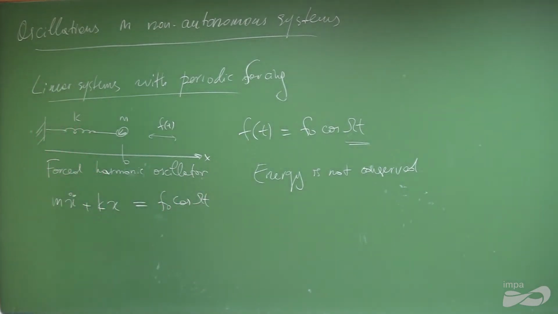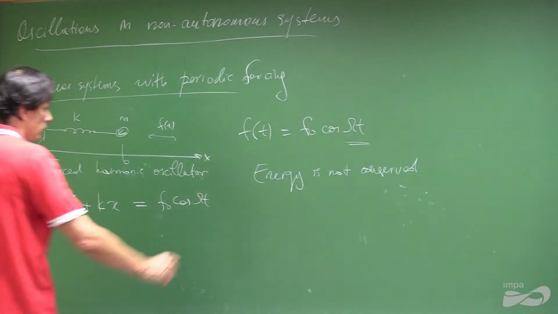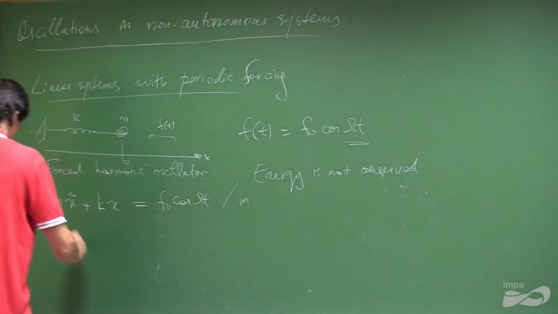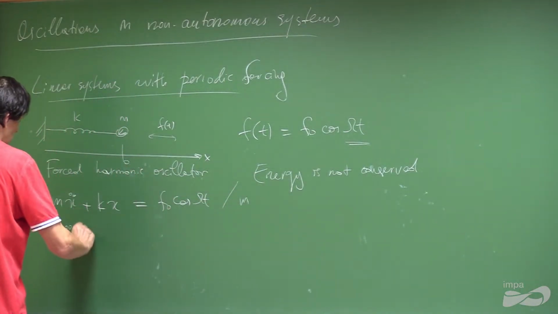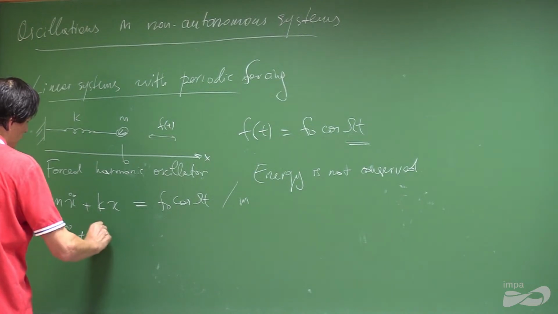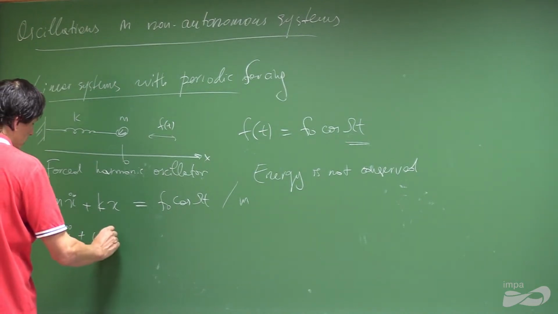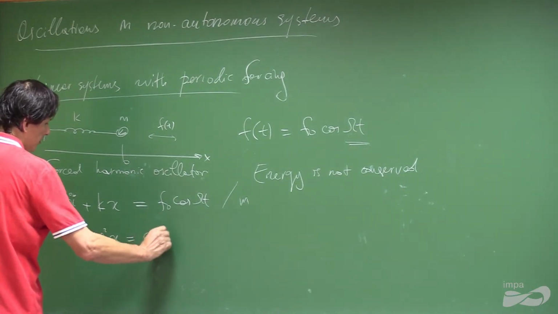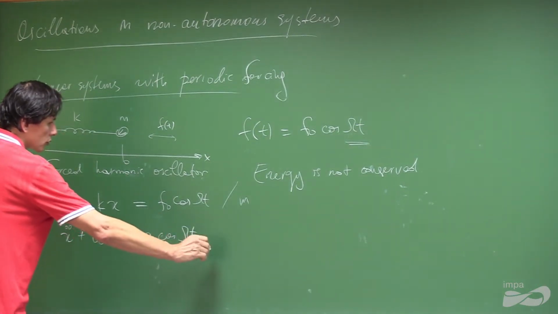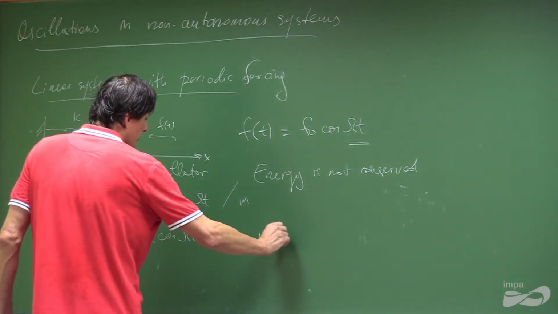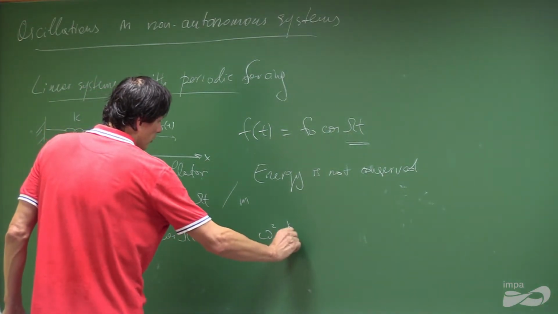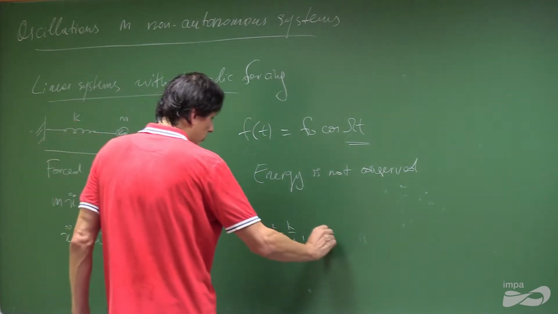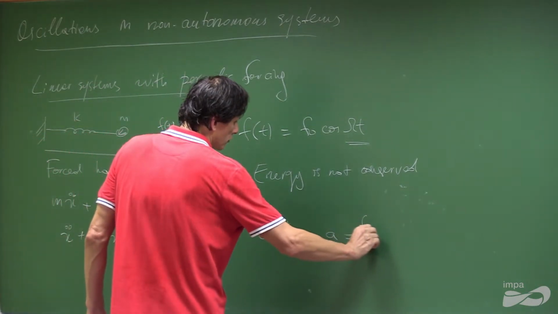So that's the equation of motion. We divide it by m, and you get x double dot plus omega squared x equals A cosine omega t. What we defined is omega squared is k over m, and amplitude A is F0 over m.